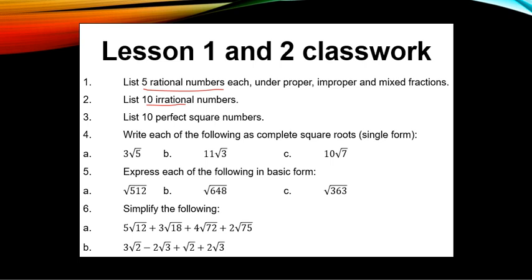Number 4, write each of the following as complete square roots, that is, single form. Number 5, express each of the following in basic form. Number 6, simplify the following. So you have A and B there. So let's take the correction, the solution to these classworks.